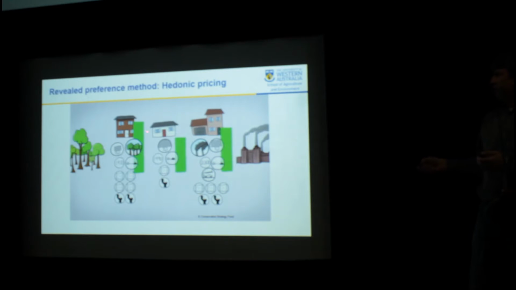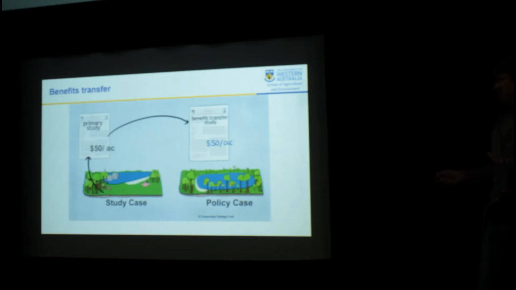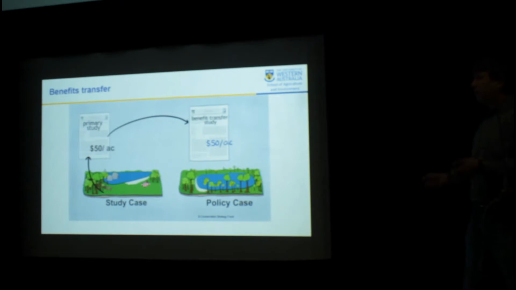When we know the characteristics of houses and the prices people pay for them, we can analyze this sales data and get the value of the park being close to the house, or the negative value of industry being close to the house. With benefit transfer, we know some estimated value of a park, for example, and then we apply it to some other new project, such as the construction of similar parks. And we have different methods to adjust.